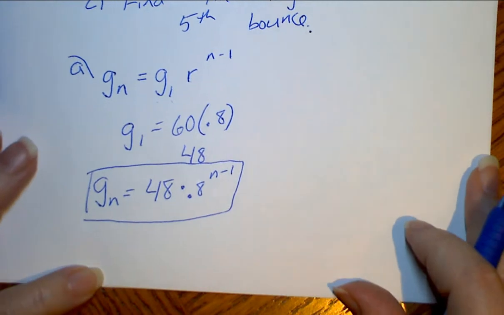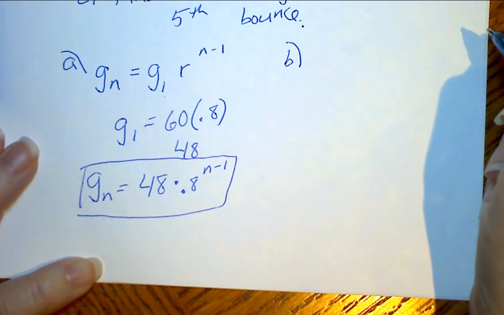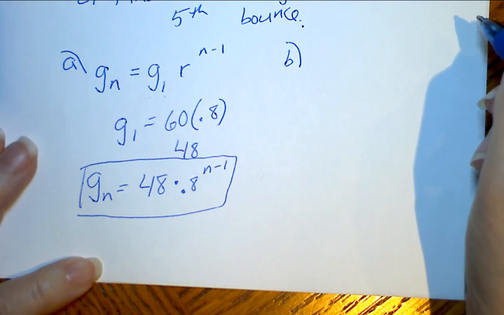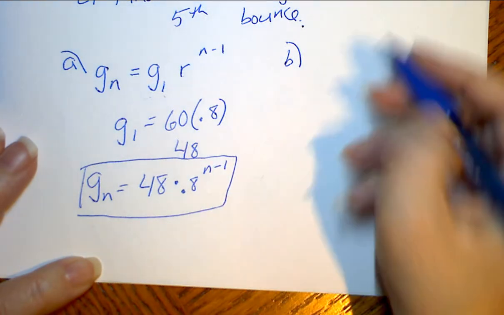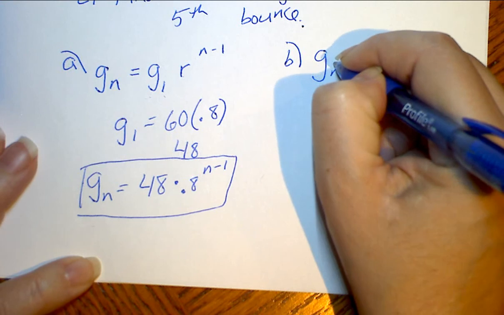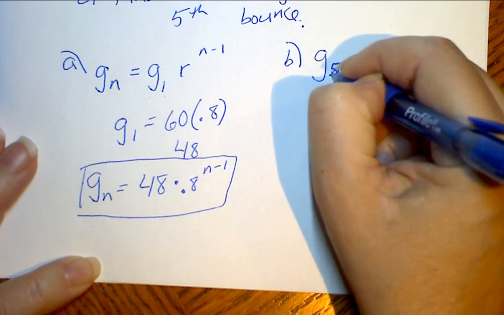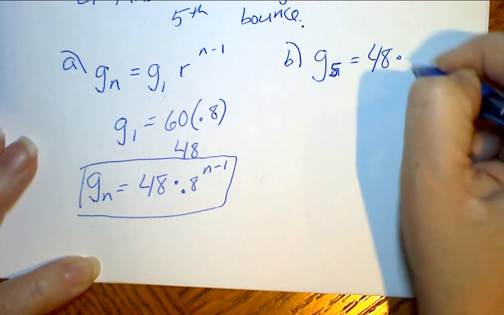Then B says to find the height of the ball on the fifth. So we simply plug in 5 there. We have g sub 5, the fifth bounce, is equal to 48 times 0.8 to the 5 minus 1.